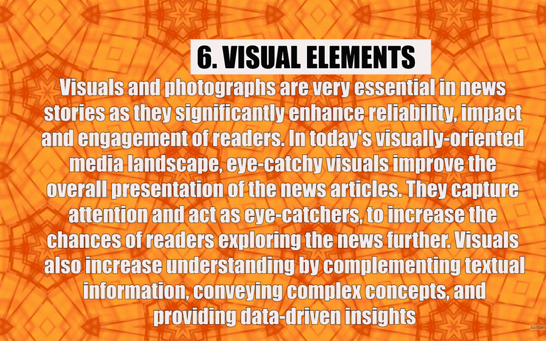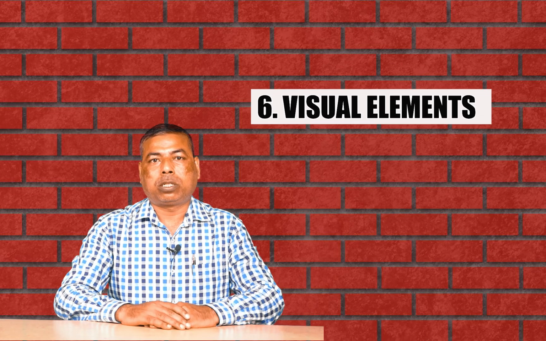They capture attention and act as eye-catchers to increase the chances of readers exploring the news further. Visuals also increase understanding by complementing textual information, conveying complex concepts and providing data-driven insights.